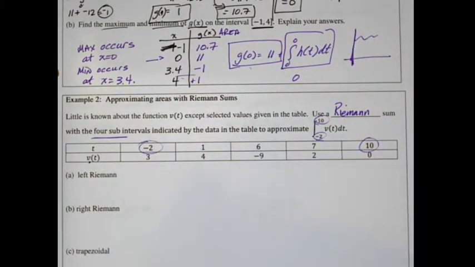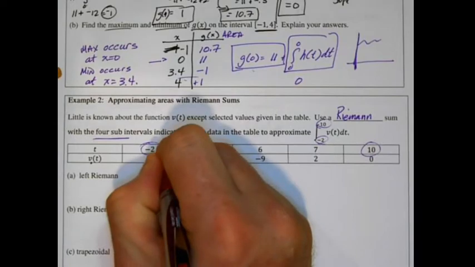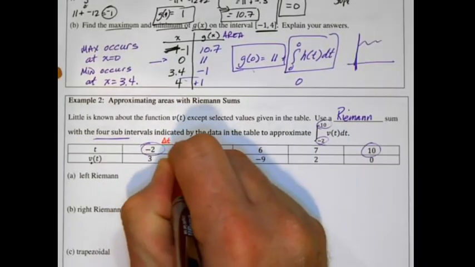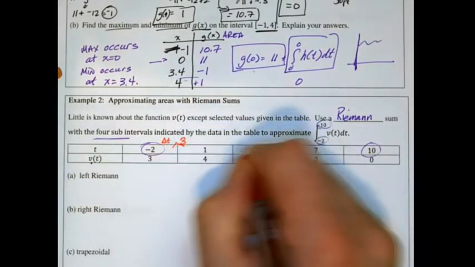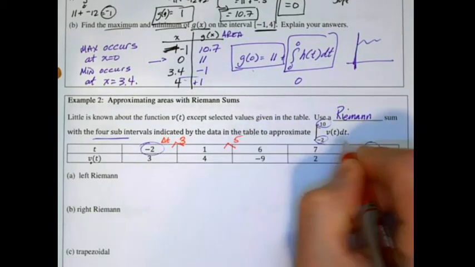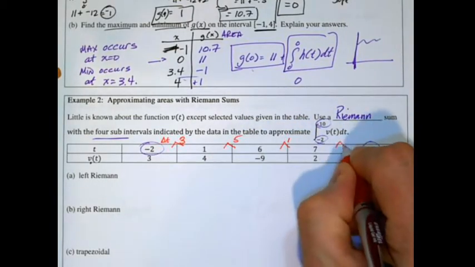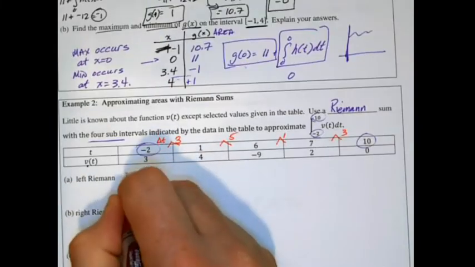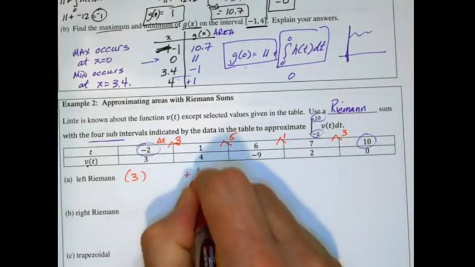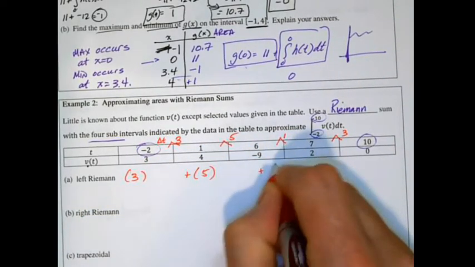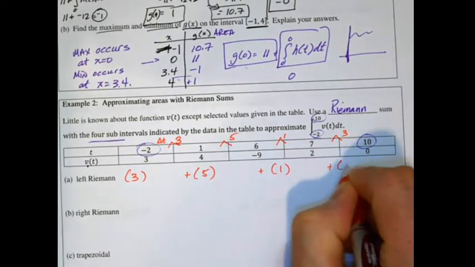We need some delta t's here. Delta t between these two is 3, then 5, then 1, then 3. So we're going to have a 3 plus a 5 plus a 1 plus a 3.